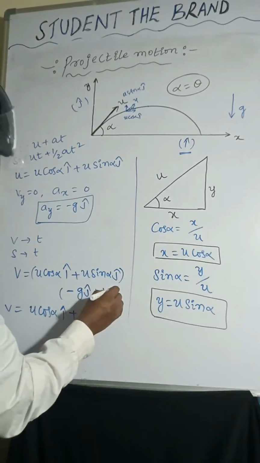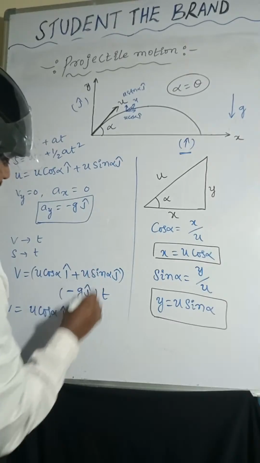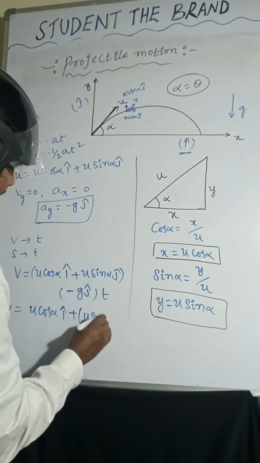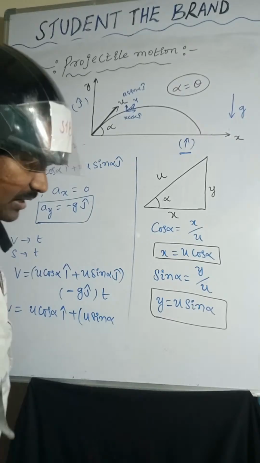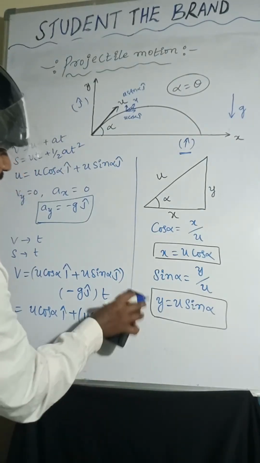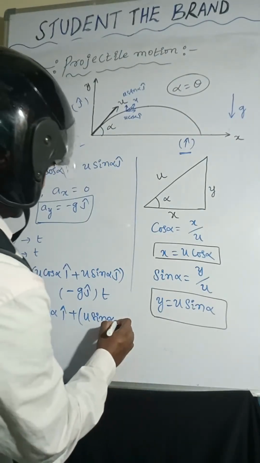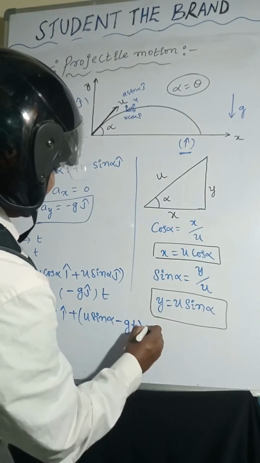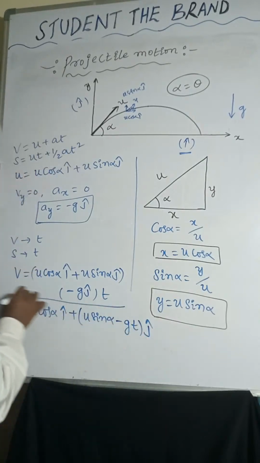Here we can take j cap common. So v equal to u cos alpha i cap plus (u sin alpha minus g t) j cap. Okay, like this we can take.